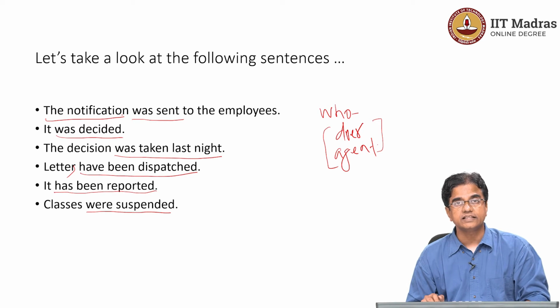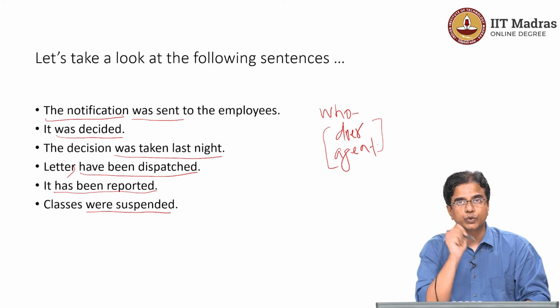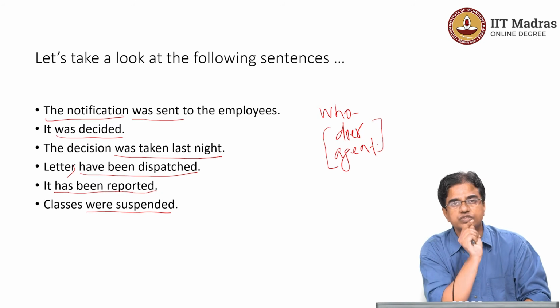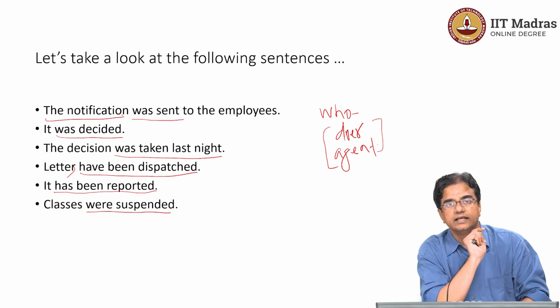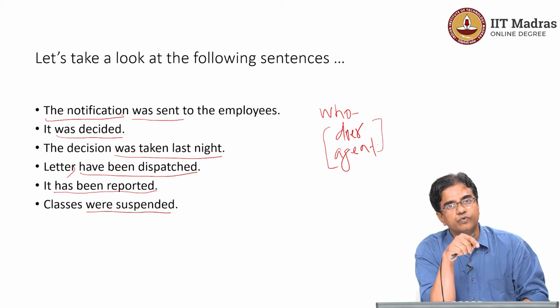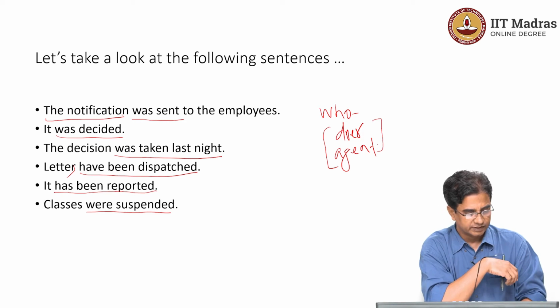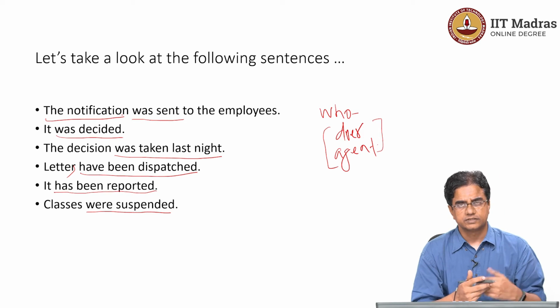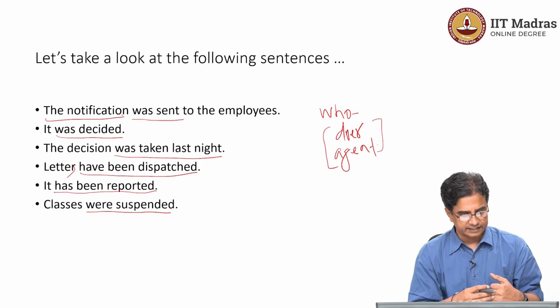What is important here in this sentence is we want attention on notification, not who sent it. In other words, we want hearer to understand it is not important for you to know who sent it. What is important for you to know is notification. It was decided. Suppose something gets decided.